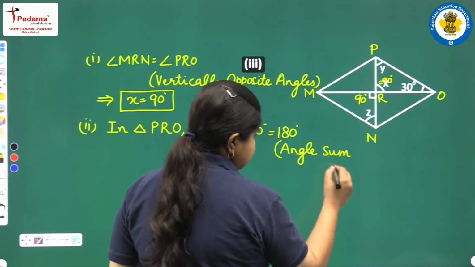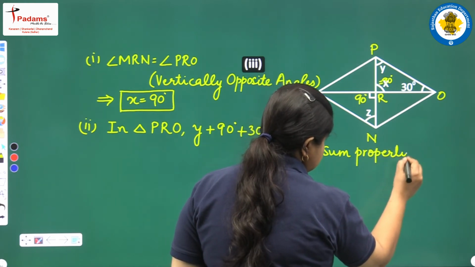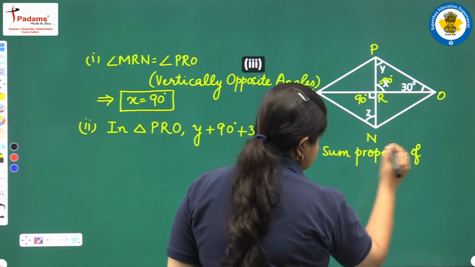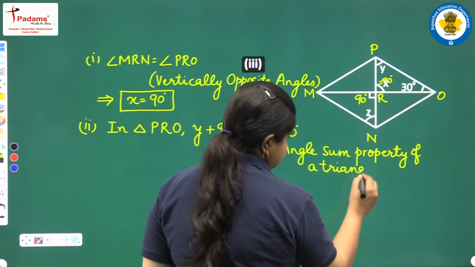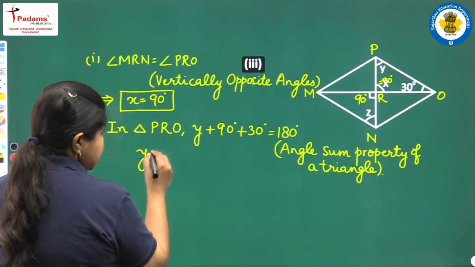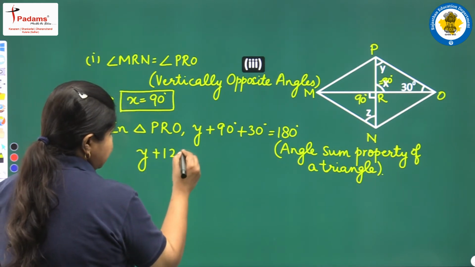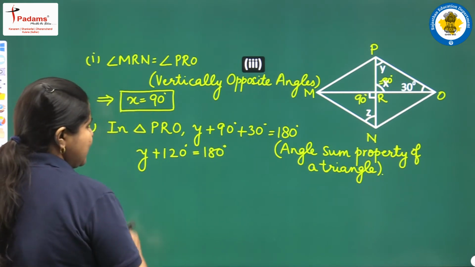This is the reason we are applying this property. From this we get y plus 120 degree equal to 180 degree. 90 plus 30 is 120.